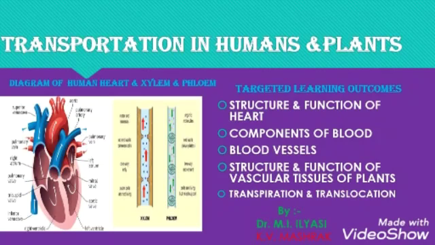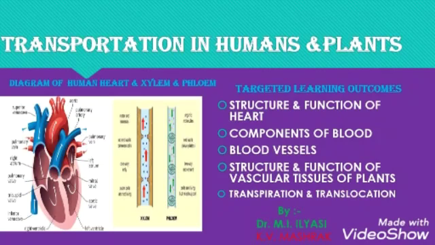Ventricular walls are much thicker than atrial walls. Humans show double circulation. Blood goes through the heart twice, with complete separation of oxygenated and deoxygenated blood.